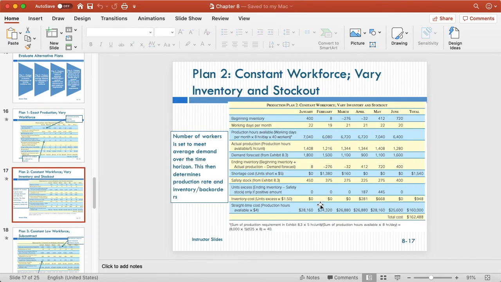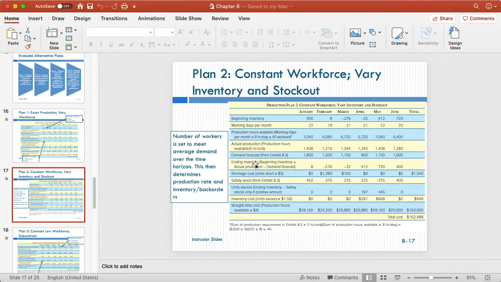Here the example assumes that only when the inventory is above the safety stock amount do you need to pay the inventory holding cost. Otherwise, even if you have the inventory, you don't need to pay for it. That's just an assumption.